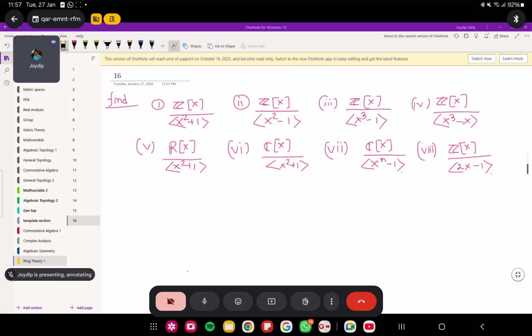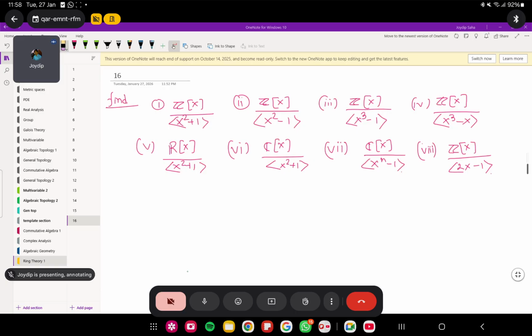Z, what is your Z square bracket i? Can you say that that is a plus bi where a, b are integers? Okay.